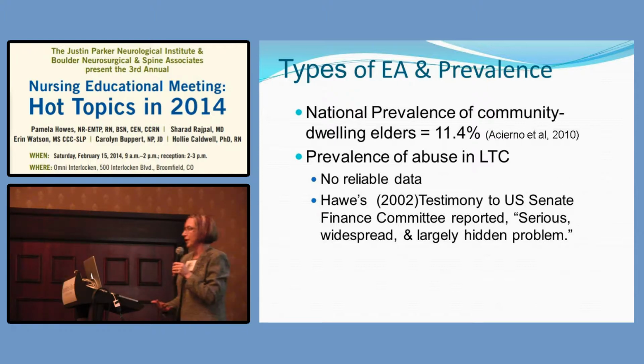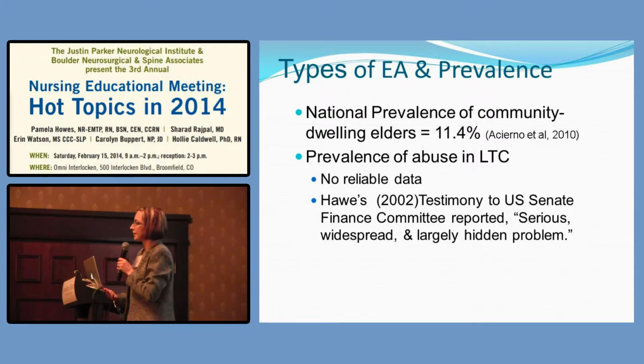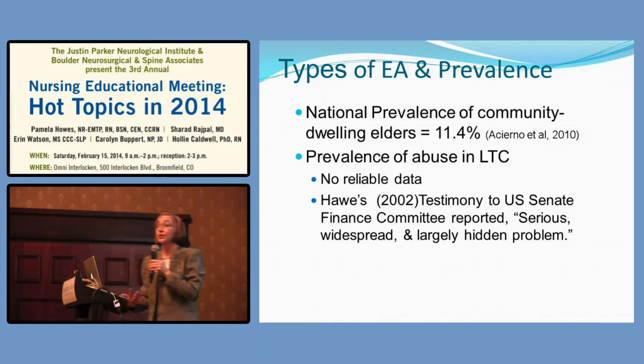11.4% of those 5,777 individuals admitted to experiencing one or more types of abuse within the last 12 months. That included 0.6% who had experienced sexual abuse, 15% who had experienced financial or material exploitation, about 5% who admitted to being physically abused, about 10% who admitted to being emotionally or psychologically abused, and another 5% who admitted to being neglected.